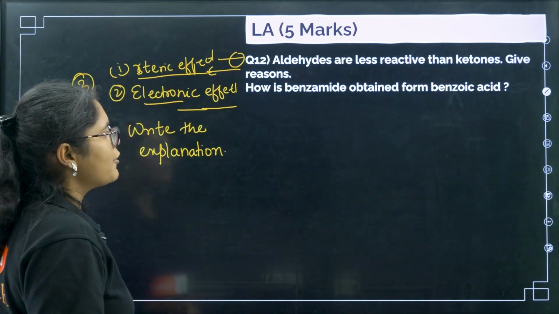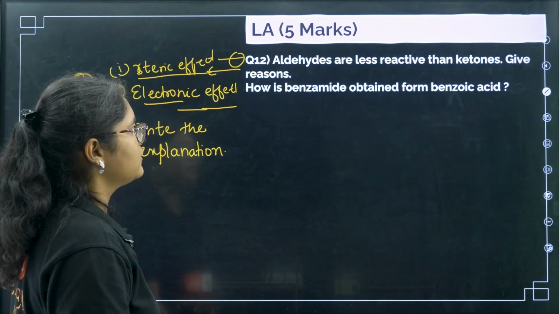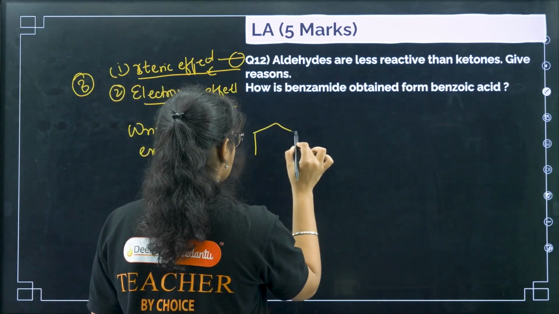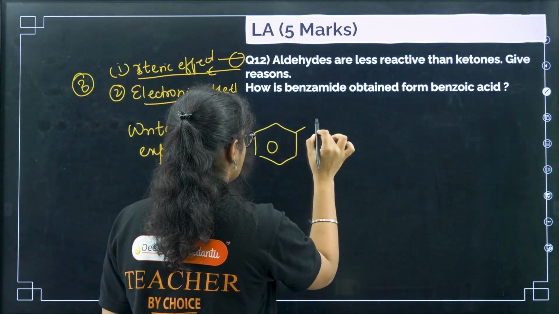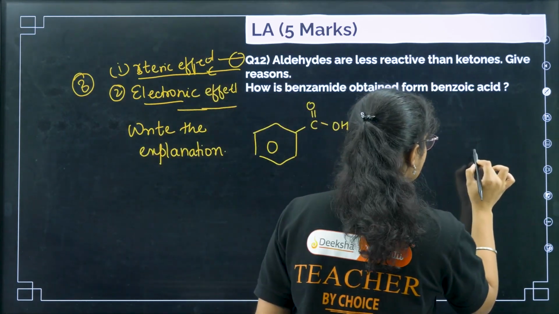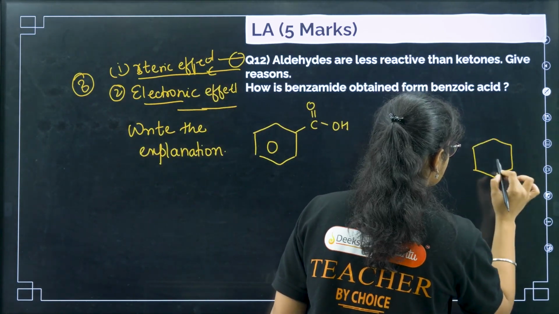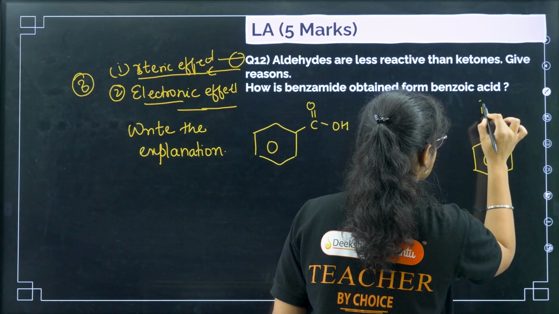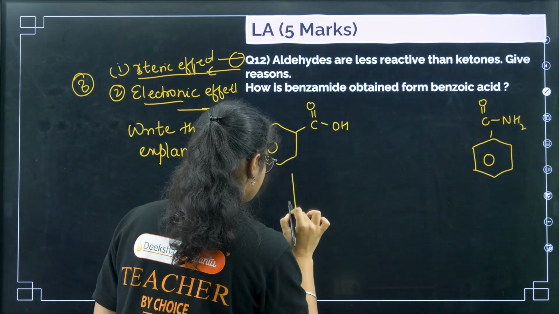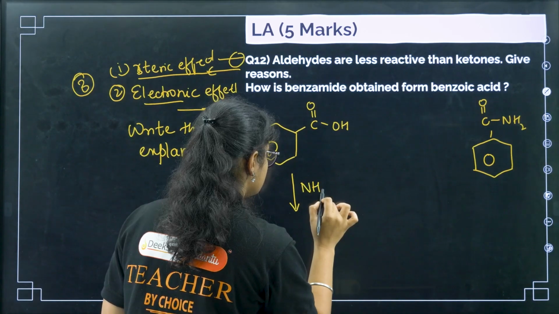Okay, now how is benzamide obtained from benzoic acid? So we have benzoic acid and we want benzamide. Okay, so first thing is treatment with ammonia. So what will happen?